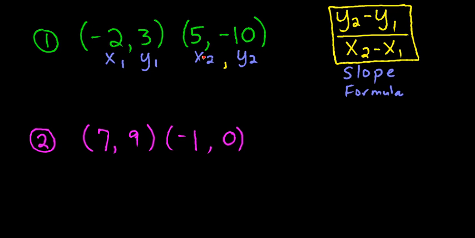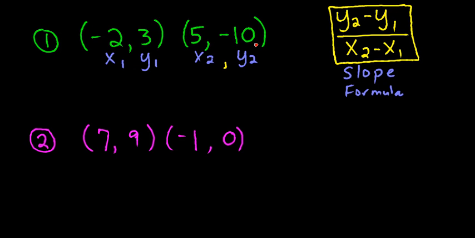I'm going to calculate the slope for this first example set of points using the first set as x1, y1, and the second set as my x2, y2. And then we go ahead and do the same thing again, only use the 5, negative 10 as my first set of points, and negative 2, 3 as my second set. We should get, well, we will get the same answer.